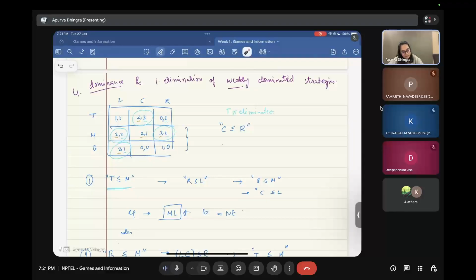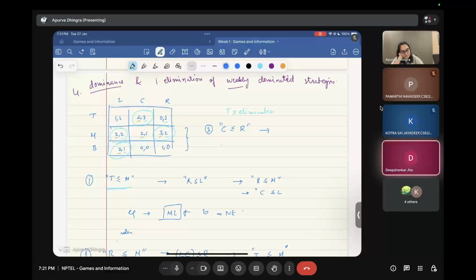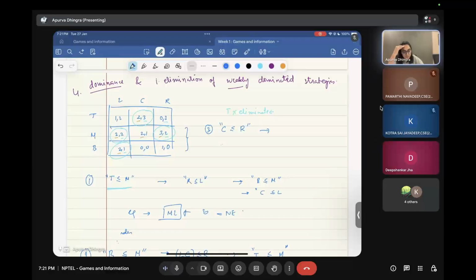Now what can we do next? We can remove B after that. How can we remove B?